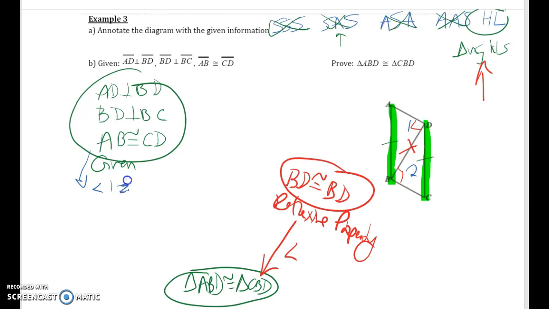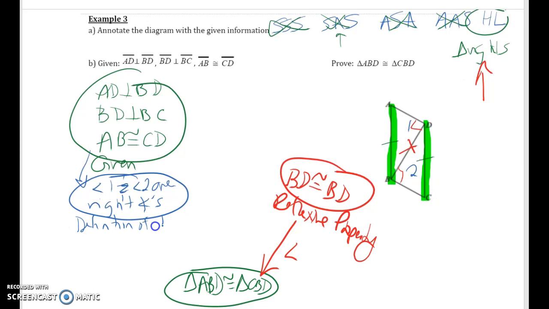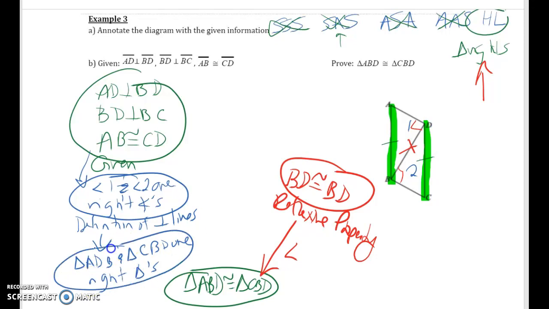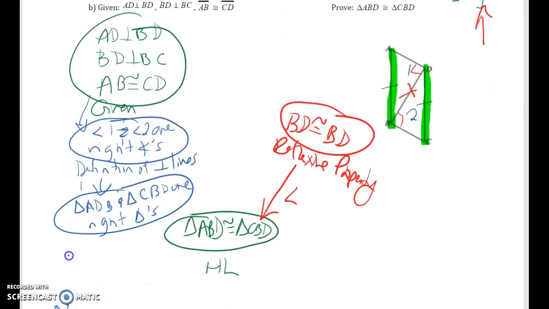Angle 1 and angle 2 are right angles, and that is the definition of perpendicular lines. Okay, so if those two angles are right angles, then we know that triangle ADB and triangle CBD are right triangles. How do we know that? Definition of a right triangle.